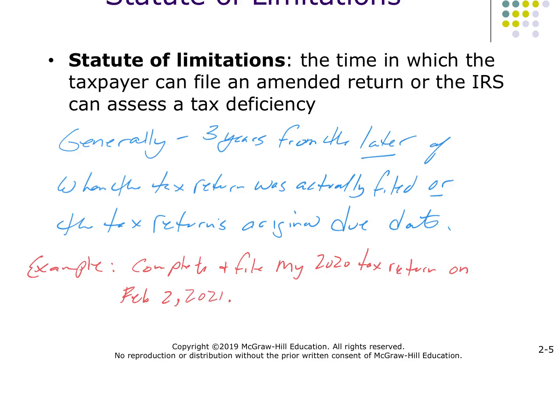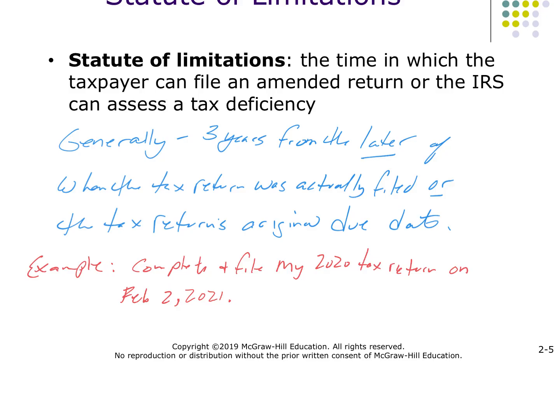All right, so I get all of my information together. I sit at my bar. I do my tax return. I e-file it on February 2nd. My husband is super happy because he hates it when I wait to the last minute to do our taxes. All right, so I get our tax return filed on February 2nd, 2021.